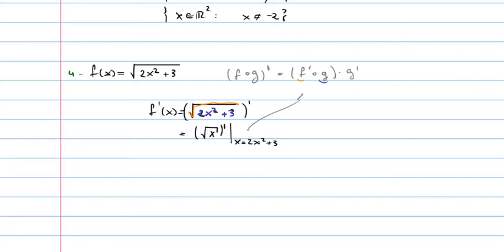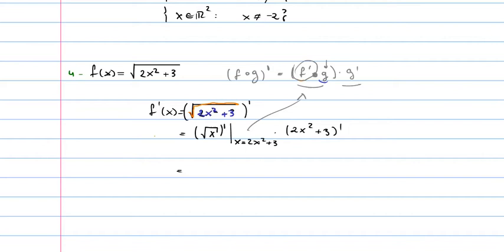This is exactly what this composition here is telling us. Calculate the derivative and then evaluate it in g of x. And then we just multiply by g prime. G prime is the derivative of 2x squared plus 3.